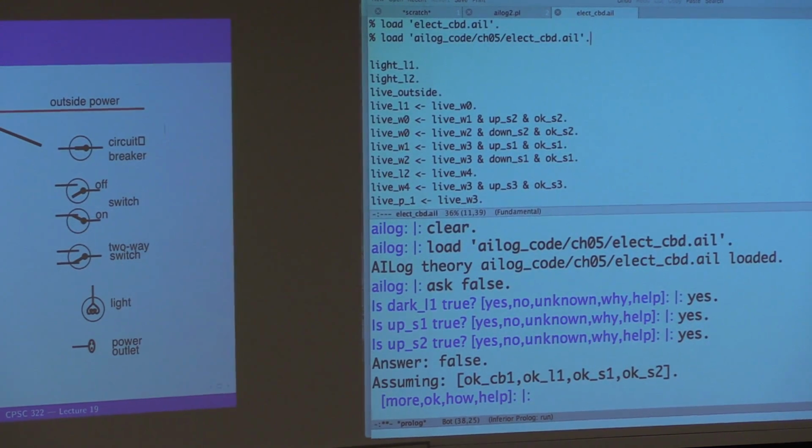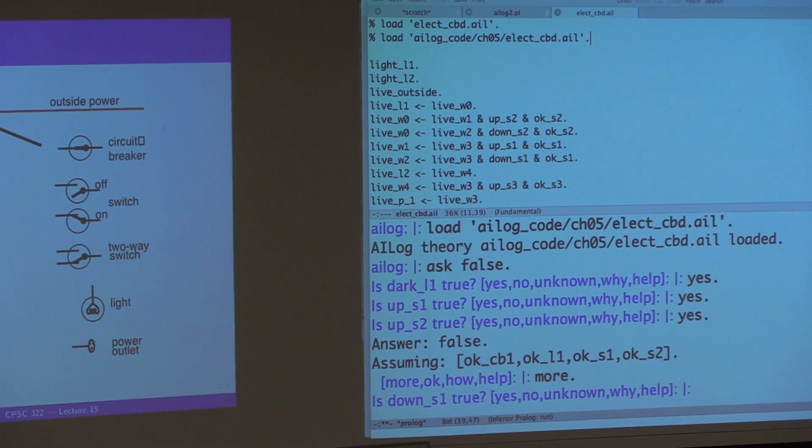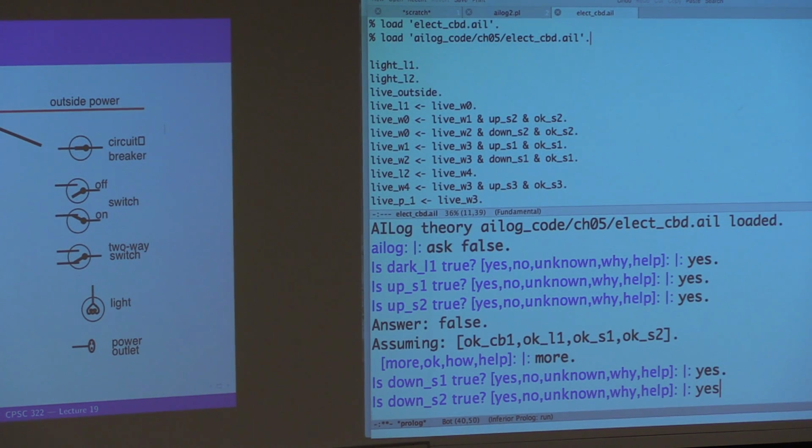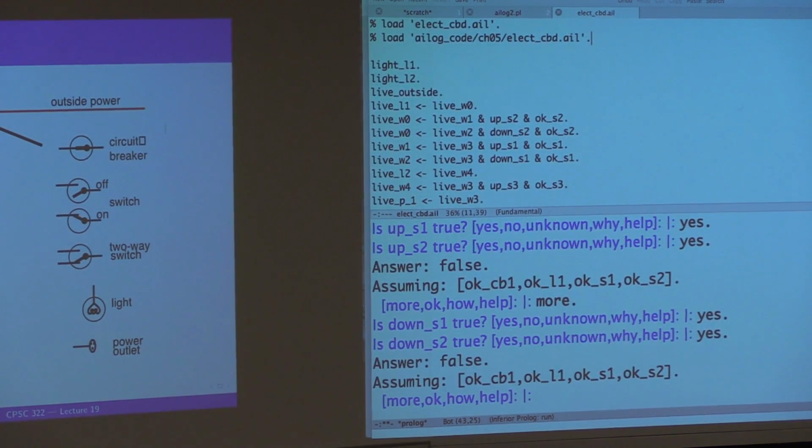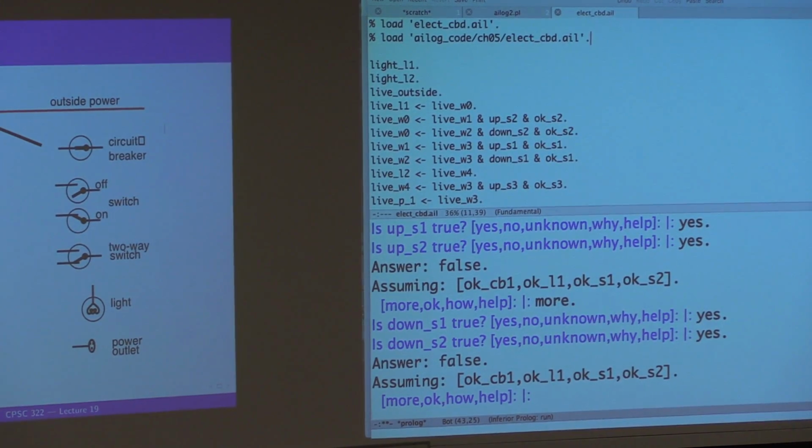So I can ask now, there's one answer, I can ask for more. Is down S1 true? You want to say yes? We actually had another proof, because we can go through the top wire or through the bottom wire.